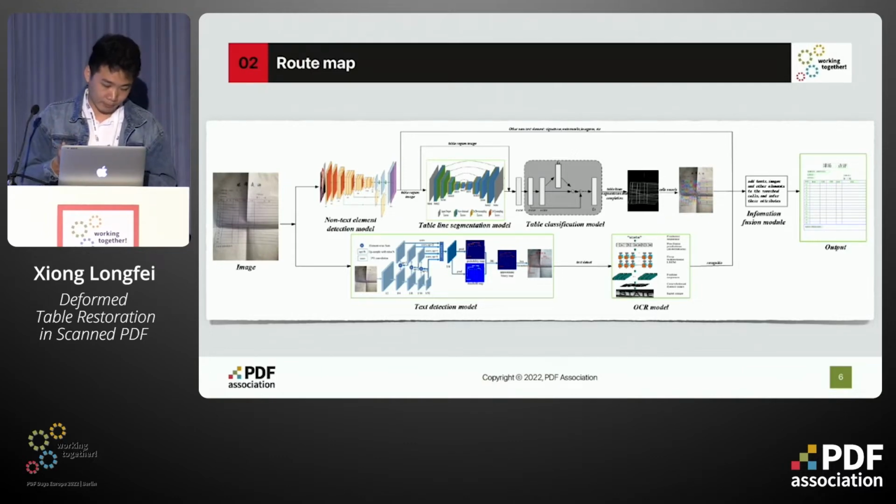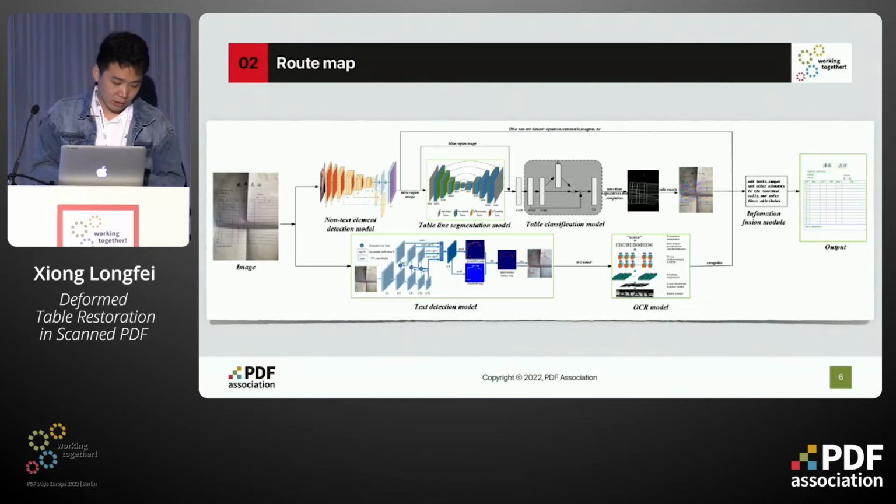At the same time, the upper branch is the non-text detection network, which includes all elements except text. And the bottom branch is the text detection network, since we need to remove interference from other elements in text detection and recognition.